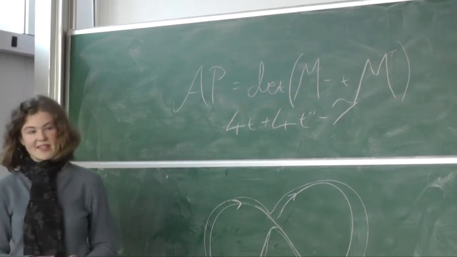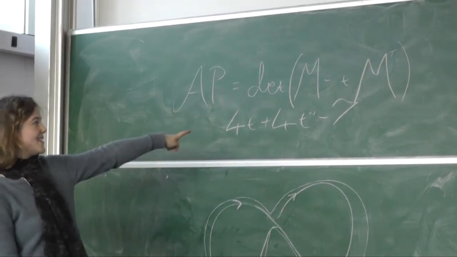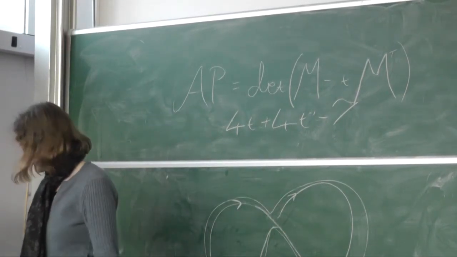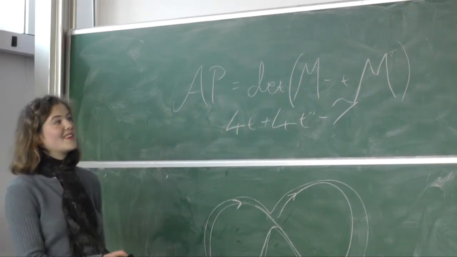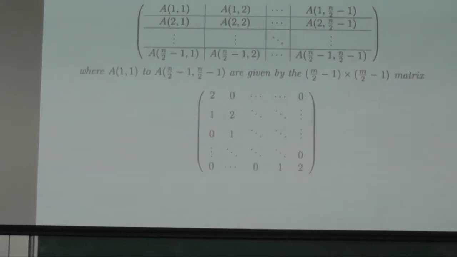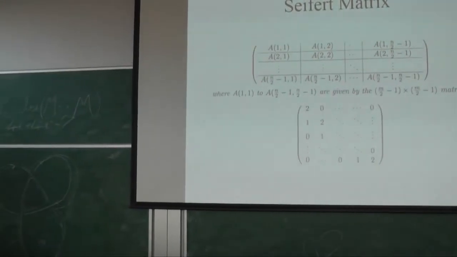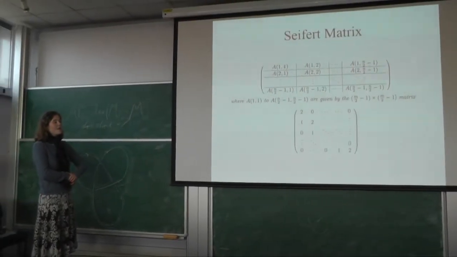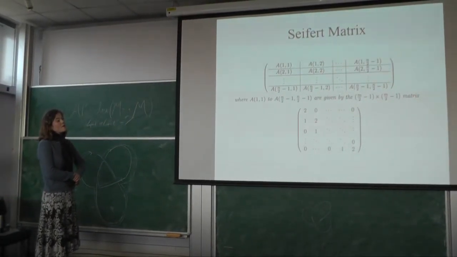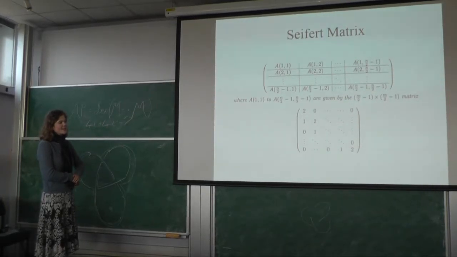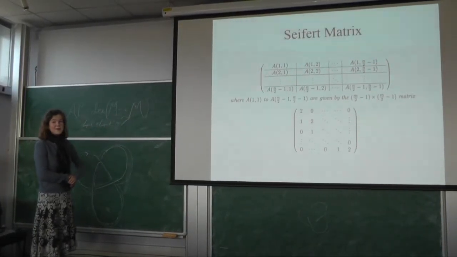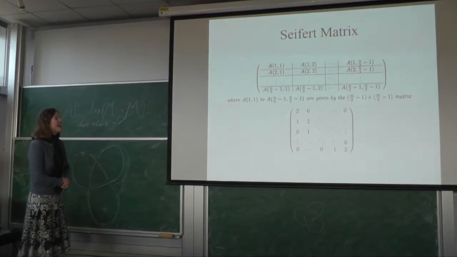And now let's see whether we get the same Alexander polynomial from the Seifert matrix that we had calculated for the Celtic knots. So the 7-4 knot is the knot drawn on the 4 by 6 grid. Okay.